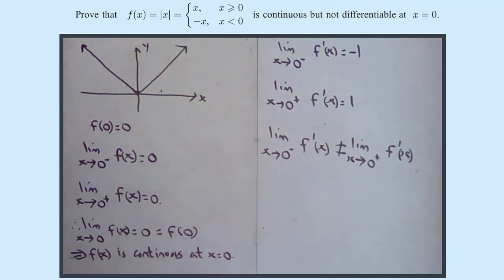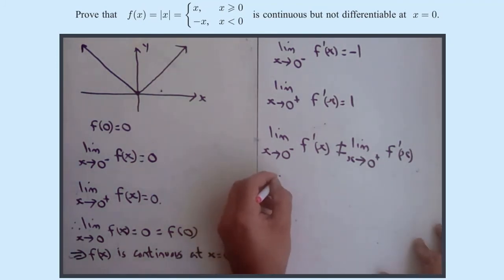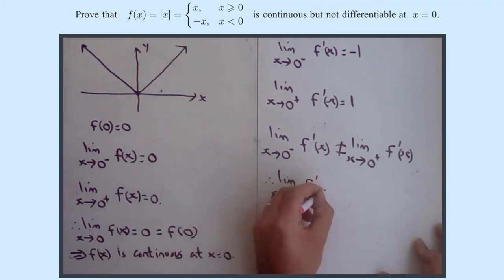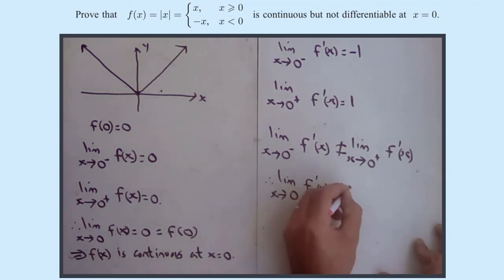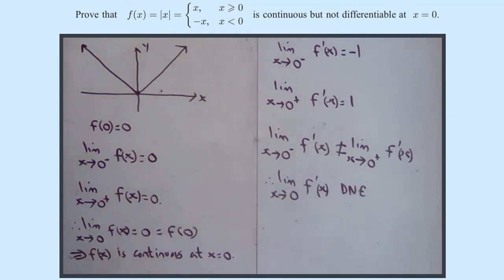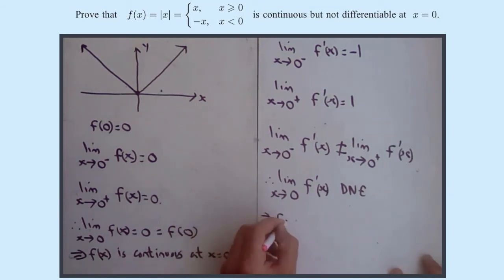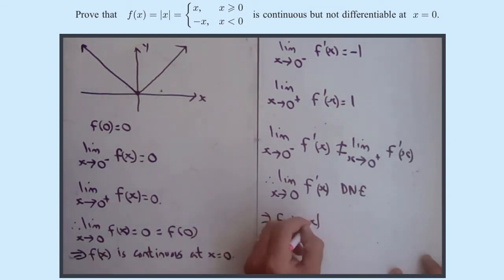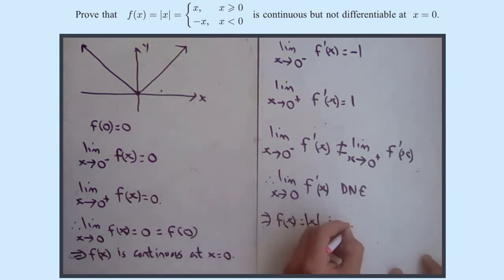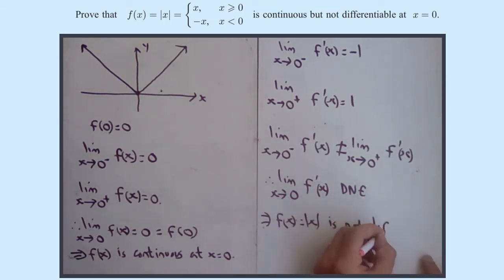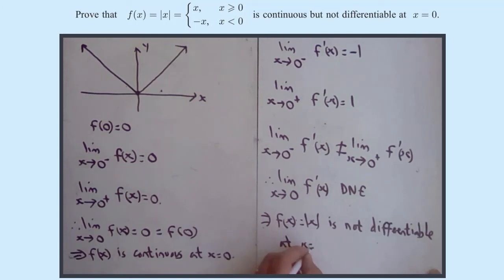Well, if they're not equal, then this limit cannot exist. So that's telling us that the limit as x approaches 0 of f dash x, the derivative, does not exist. And if the limit doesn't exist, then it's not differentiable. Therefore, f of x equals the absolute value of x is not differentiable at x equals 0.